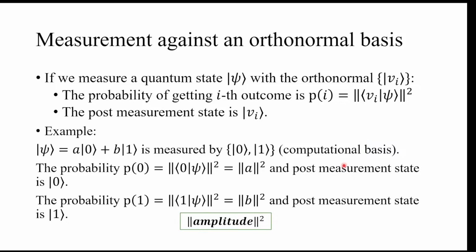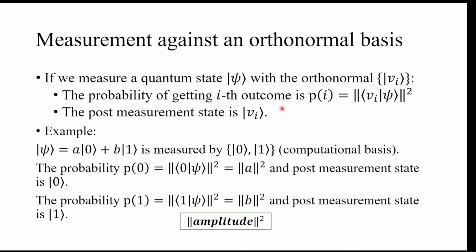So you can actually pick any orthonormal basis for your Hilbert space and do a measurement with respect to that basis. Okay, so you have any quantum state psi in some space H and an orthonormal basis V of that space H, then you can measure it, and it's a lot like computational basis measurement.